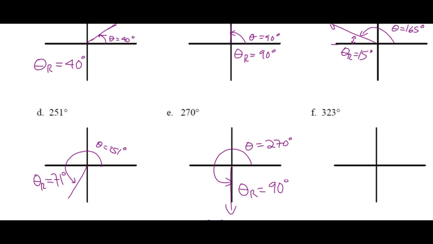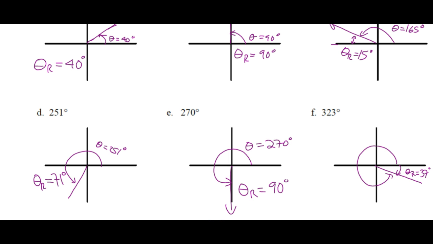Well, 7 will take me to 330, so 37. So I'm 37 degrees short. So that means my reference angle is 37 degrees, right? That's why I always think, when I'm in quadrant 2, 3, or 4, of where am I in relation to 180 degrees or 360 degrees, right? So I got to go 37 degrees more.